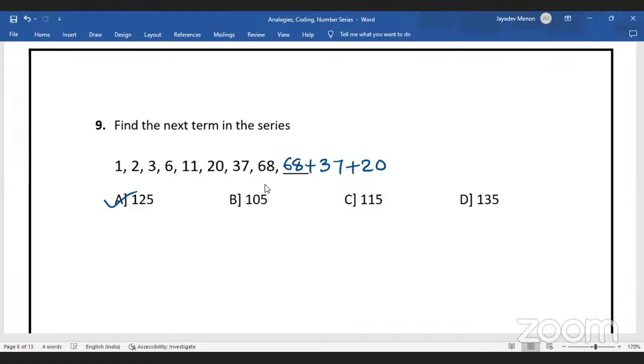So 68 plus 57 will be 125. So each term is the sum of previous 3 terms. Next question.